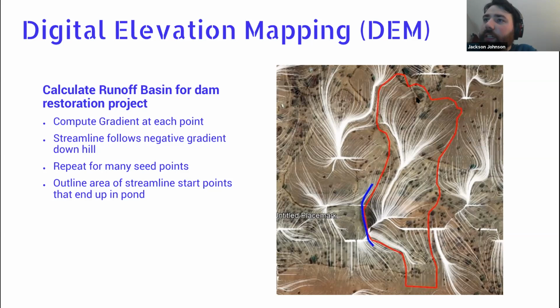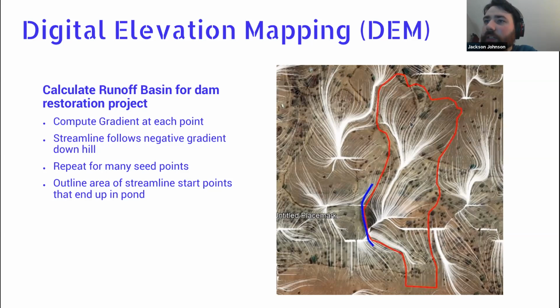So for example, if we seeded it here, it will say the uphill direction was this way. So the code says, all right, let's move X amount of feet the other direction and recompute. It will do this over and over again, and what it ends up finding is the direction that the water is going to run downhill. So I plot this over and over again with different starting points.